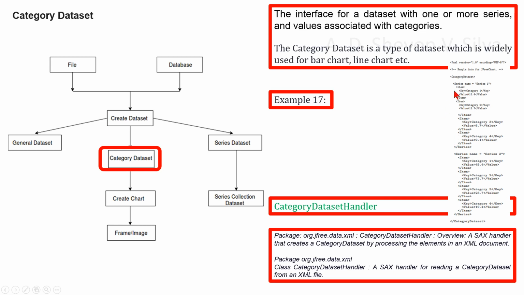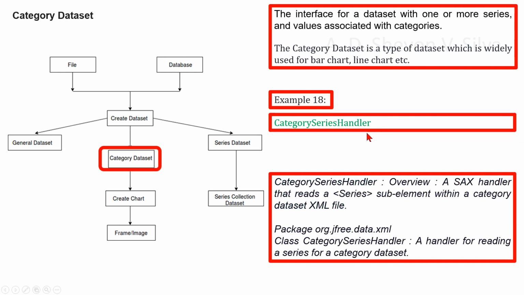A sample data for JFreeChart. Overview of CategorySeriesHandler, a SAX handler that reads a Series sub-element within a category dataset XML file.